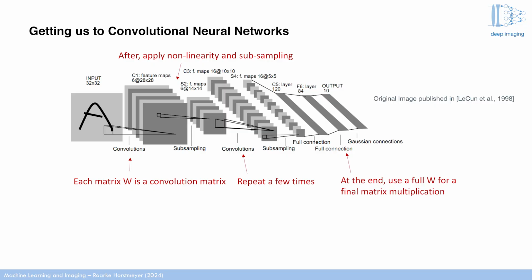Okay? And at some point, one decides to take the convolution matrix and replace it with just a full weight matrix. And so essentially what we're working towards is a model where we have here 5 linear transforms, linear matrices W. 3 of them are convolutions, shown 1, 2, 3.